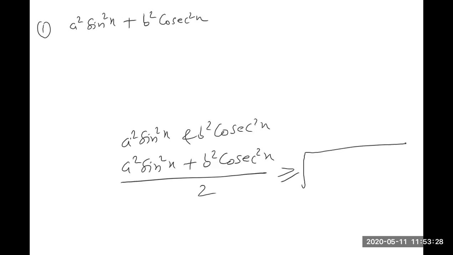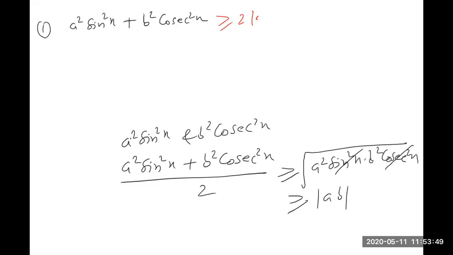Geometric mean: multiply, take under root. A square sin square x times b square cosec square x. So sin square x and cosec square x cancel. Under root a square b square is mod ab. They must be positive, a and b are positive. So I can say this is always greater than or equal to 2ab.